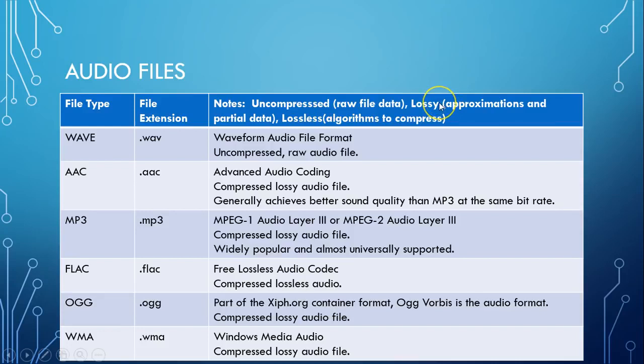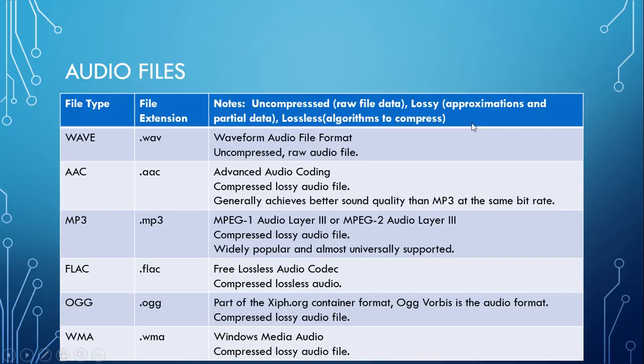No compression is made to try and reduce the size of the sound. We have lossy, which means that they use approximations and partial data. So actually information is removed out of the original sound file to create that format. And then we have lossless, which is where they use algorithms to compress the data.